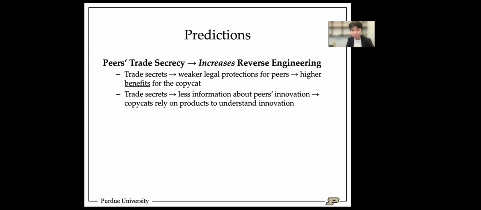And this can happen for several reasons, but the key reasons that I want to emphasize is that these trade secrets have weaker legal protection for those companies that are engaging in this type of activity, which basically means that these copycat firms would have a very high benefit if they actually target these types of companies that have trade secrets. And also at the same time, we argue that these trade secrets potentially provide less information about companies' innovation.